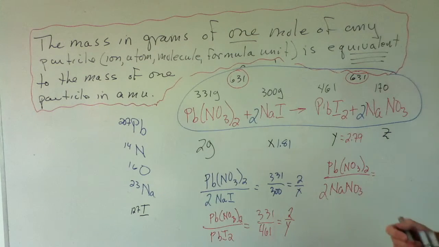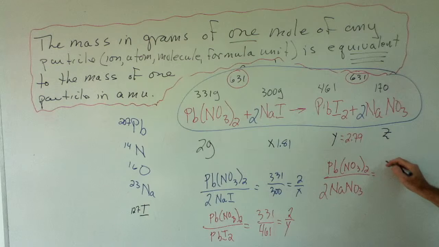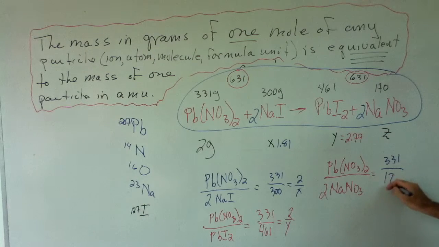Okay, equals what? Wait, sorry. 1, 2. Equals 331 over 1.03. Is this on the thing? Yeah. 331 over what? 2 over z, right?